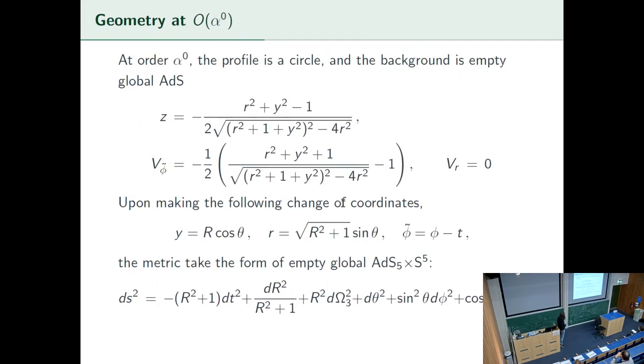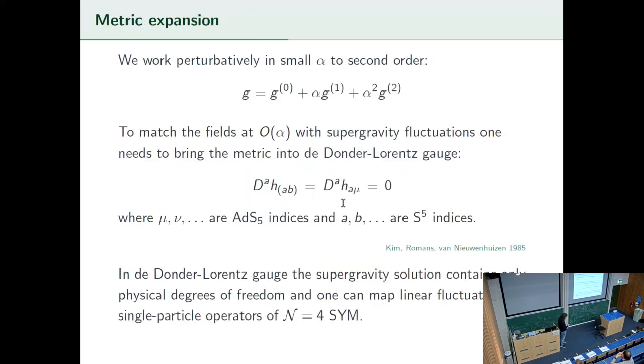At the zeroth order in alpha, the geometry simply reduces to the vacuum AdS5 times S5. One of the S3s becomes part of S5, and the other one becomes part of AdS5. And in the first order in alpha, we expect that this geometry is dual to the supergraviton in the bulk. These fluctuations, as I mentioned, were classified before on top of AdS5 times S5.